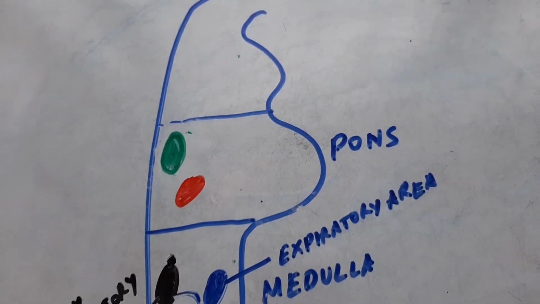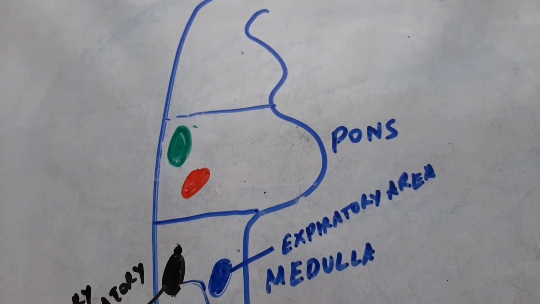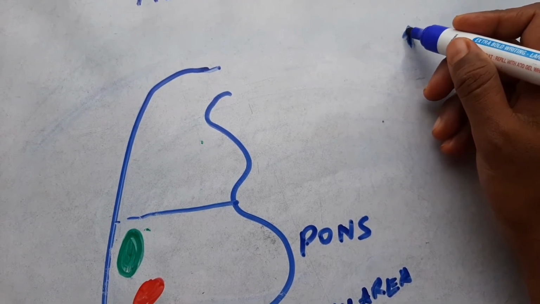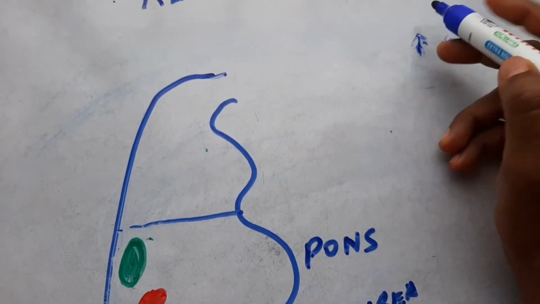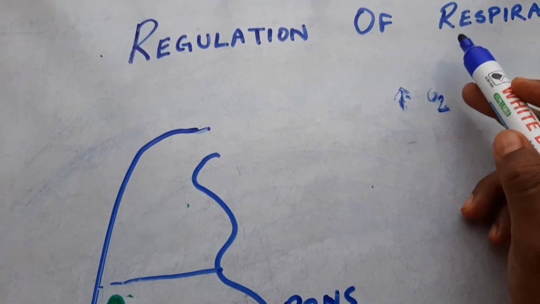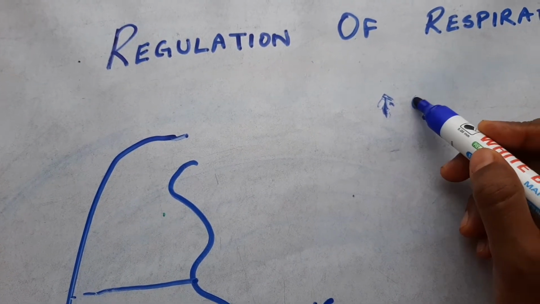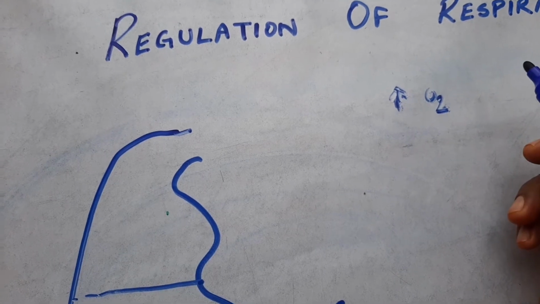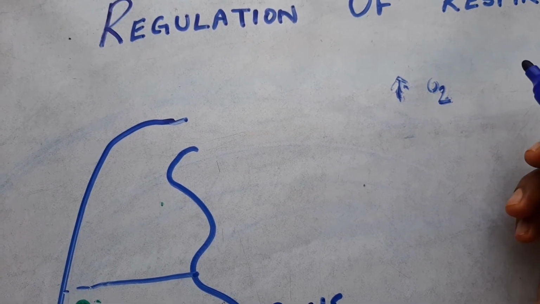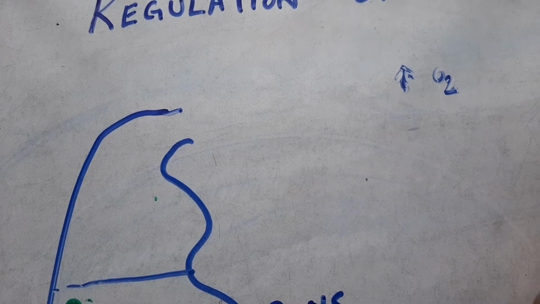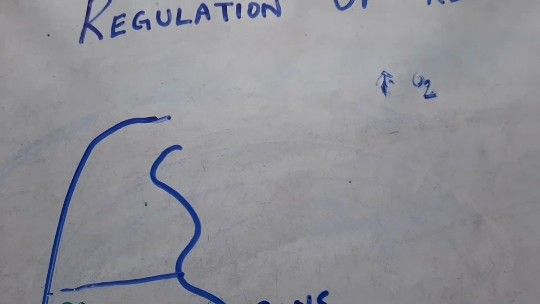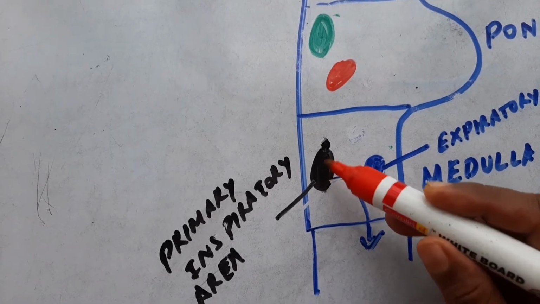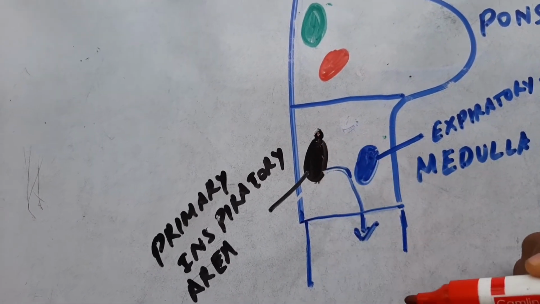The various centers present in the medulla oblongata and the pons, these centers present in the CNS, will regulate the respiration rate. That is, the demand of oxygen by the body tissues will be met by increasing the respiration rate. That means there will be an enhancement in the respiration rate. So how does it occur? Now, as I discussed, there is a rhythm center in the medulla oblongata.